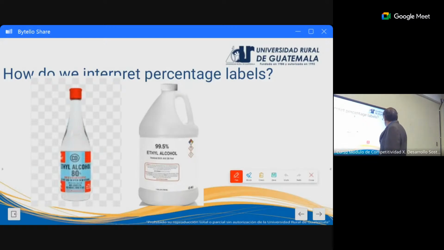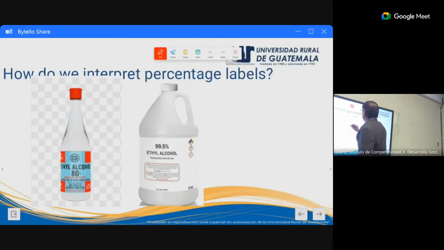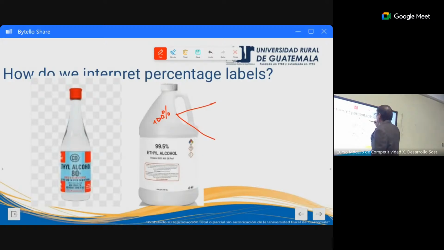In this case, we have this 100% of solution that will be 99.5% alcohol, like we see here, ethyl alcohol, and it means that only 0.5% will be, or it is water.